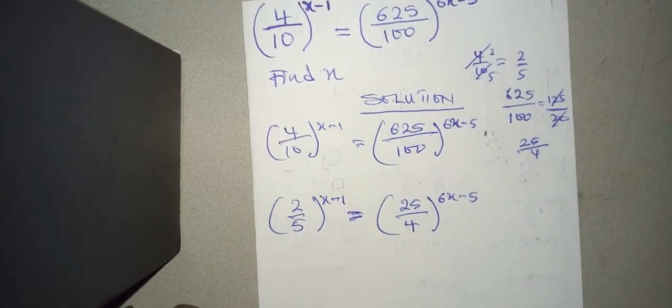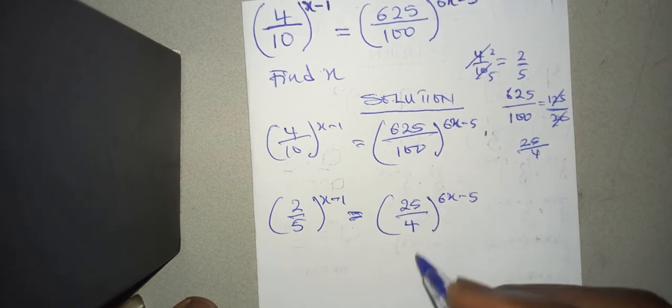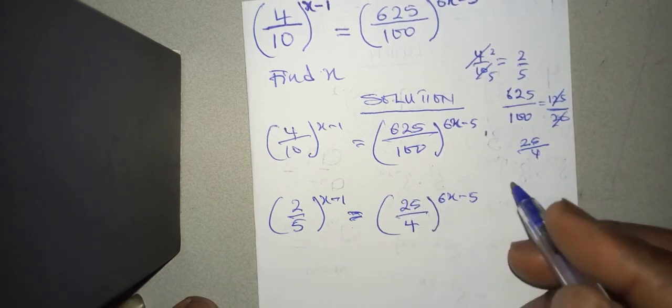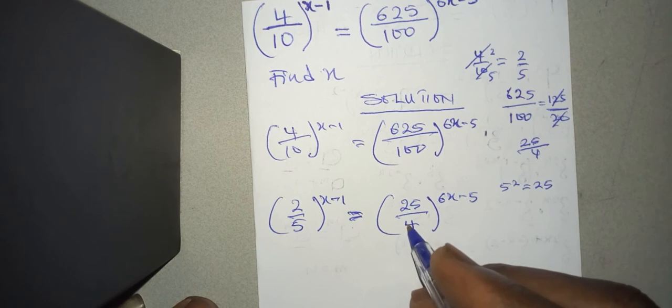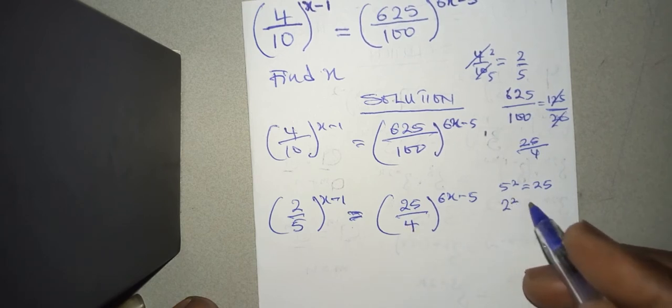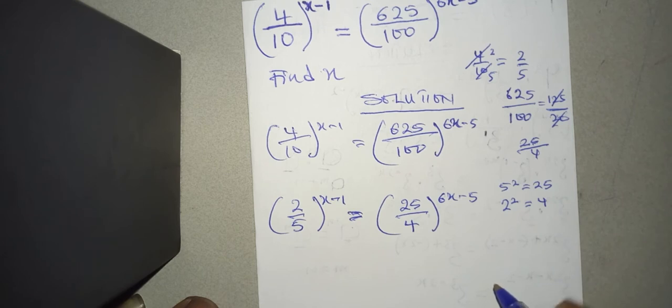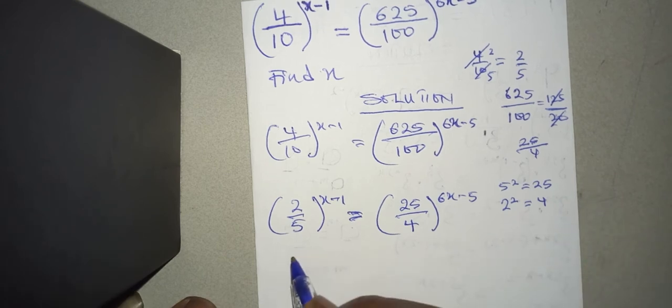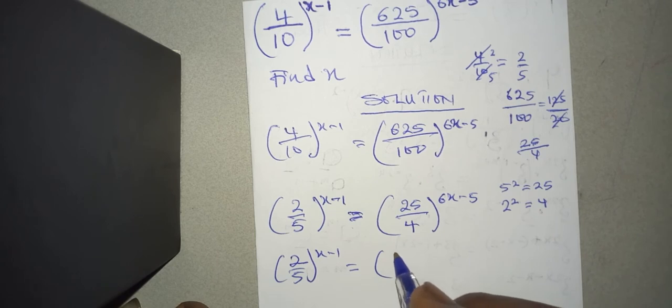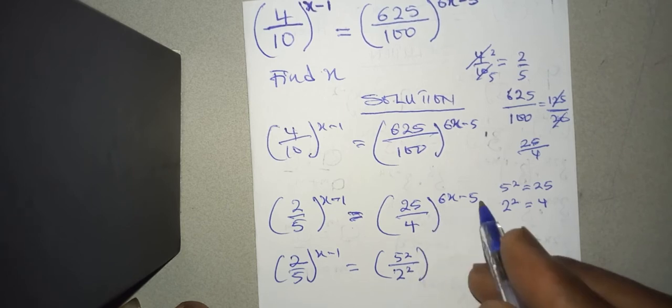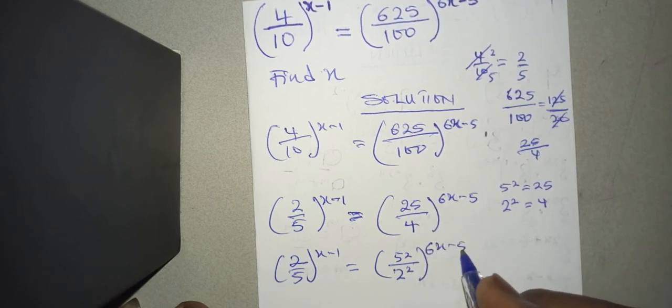Gradually we are making progress. Now, this 25 can be written as 5 to the power 2, so that 5 to the power 2 is 25. And this can be written as 2 to the power 2, which is 4. So you can write (2/5)^(s-1) = 5^2 divided by 2^2, then we'll put this whole thing there, 6s minus 5.